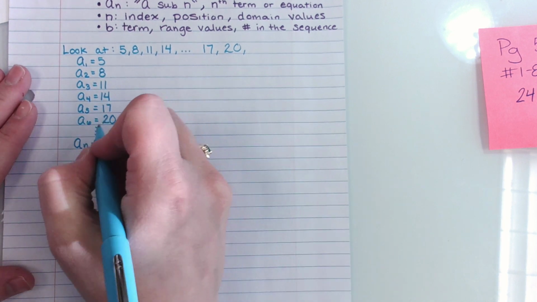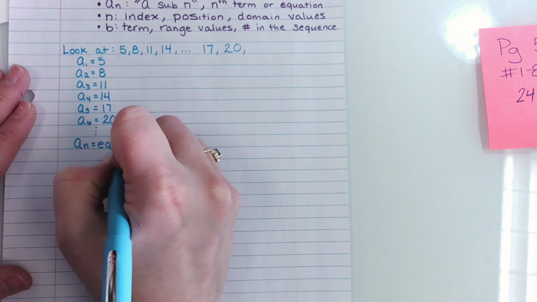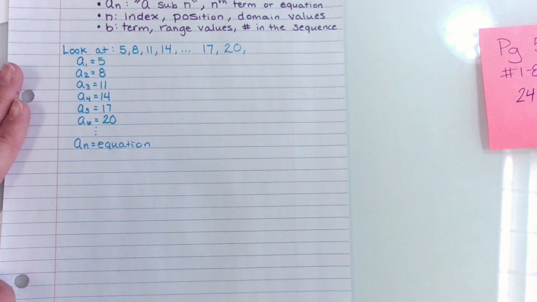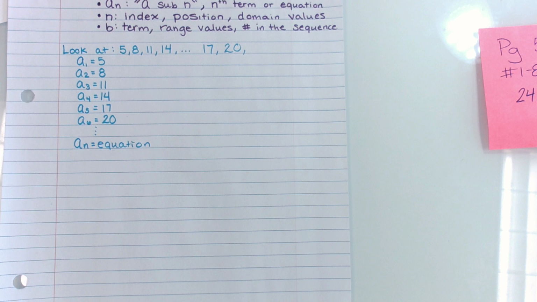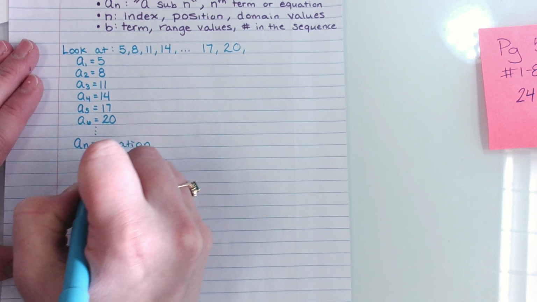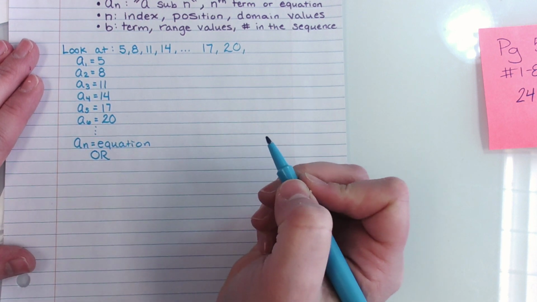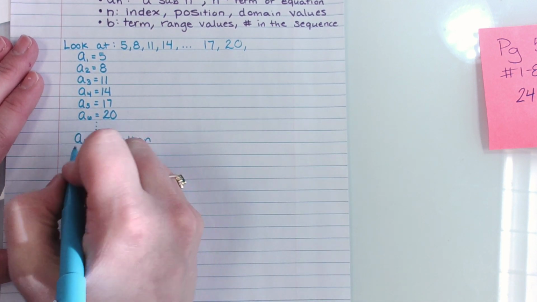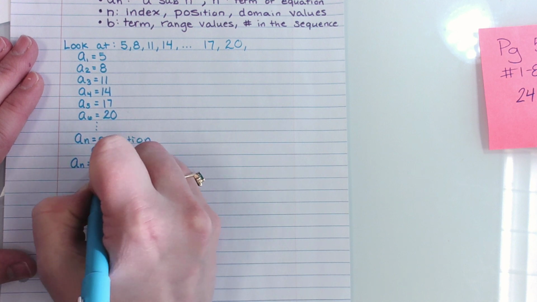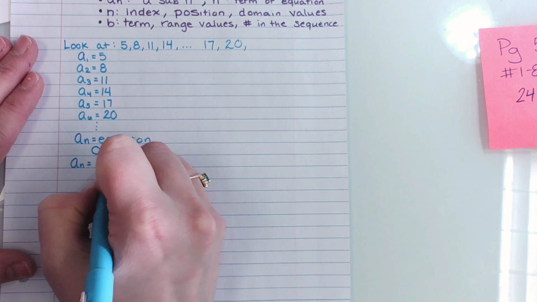Sometimes a sub n is going to be equal to an equation. And if I ever ask you to find a sub n, I am asking you to write an equation unless I'm specifying what n is. If I say find a sub n where n is 7, the other thing I could be looking for is a specific term. In that case, I was looking for the 7th term. So a sub n could also be a term in the sequence.